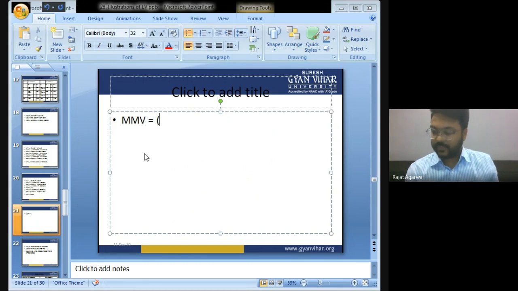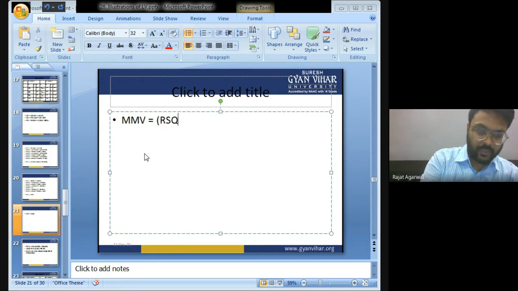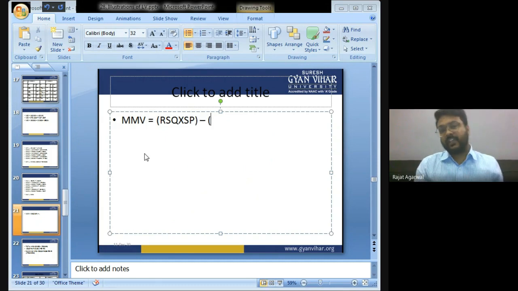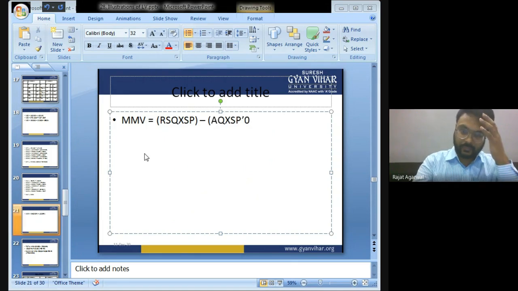The formula of material mix variance is revised standard quantity into standard price minus actual quantity into standard price.